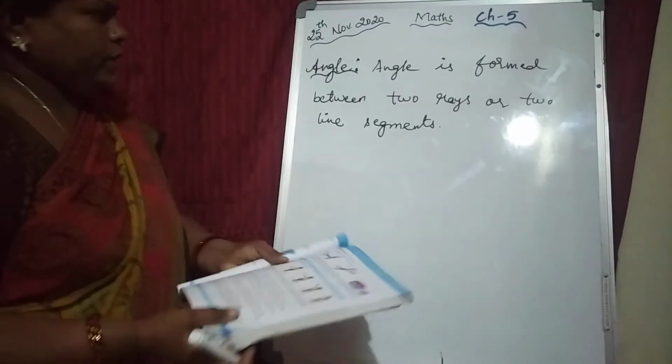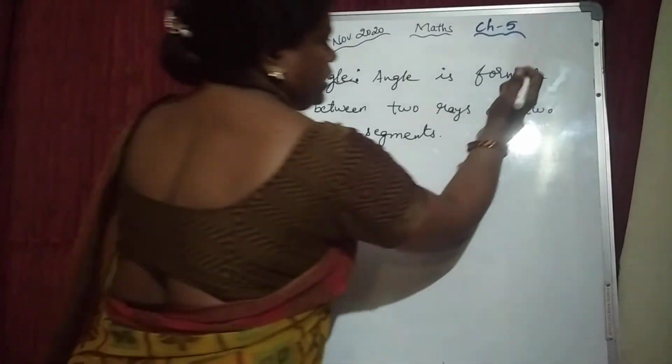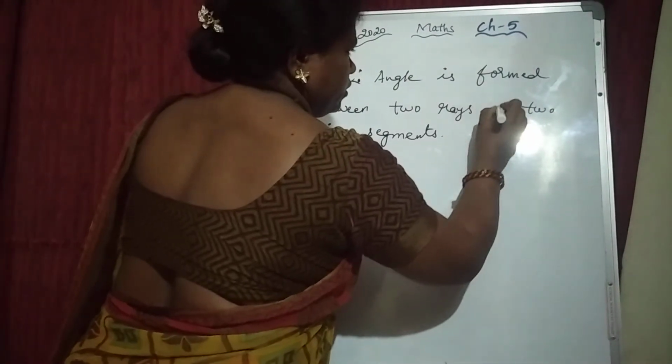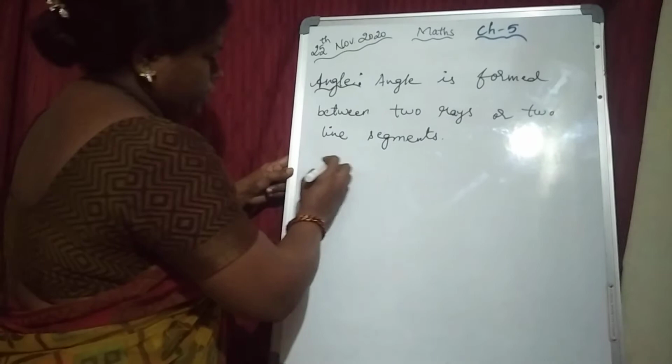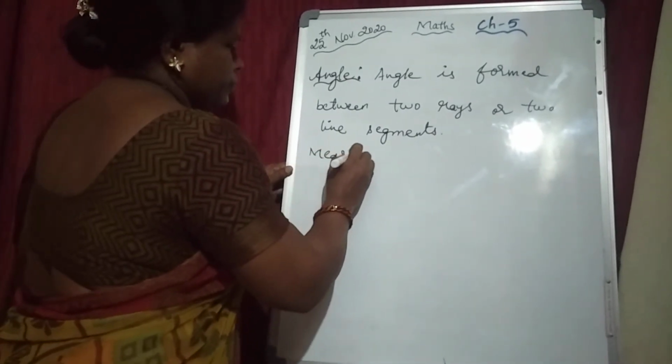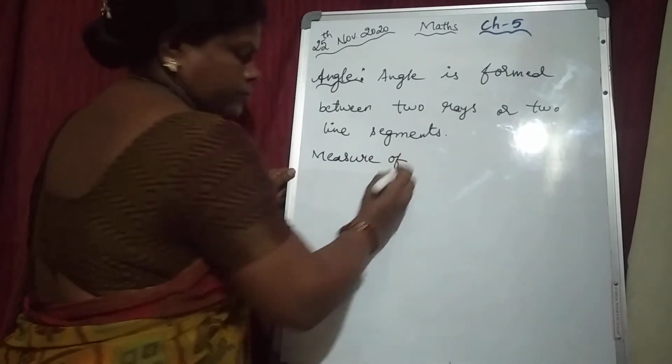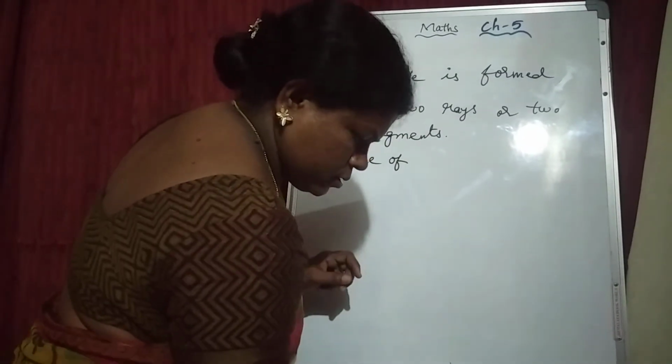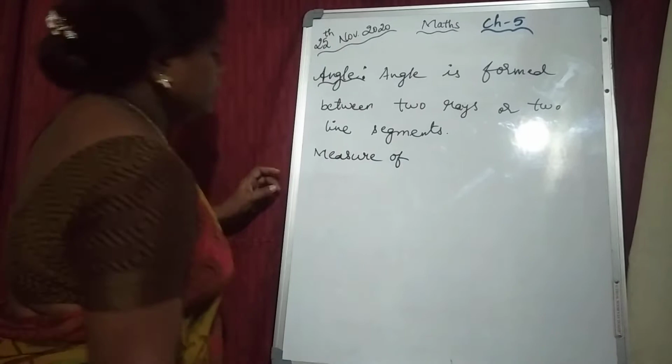Angle is formed between two rays or two line segments. This you know already. Now we will write the table: type of angle and measure.